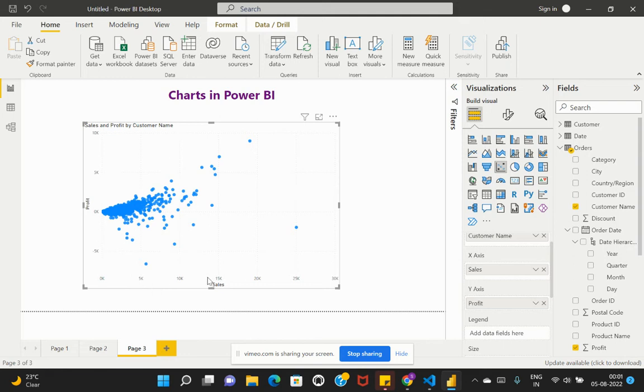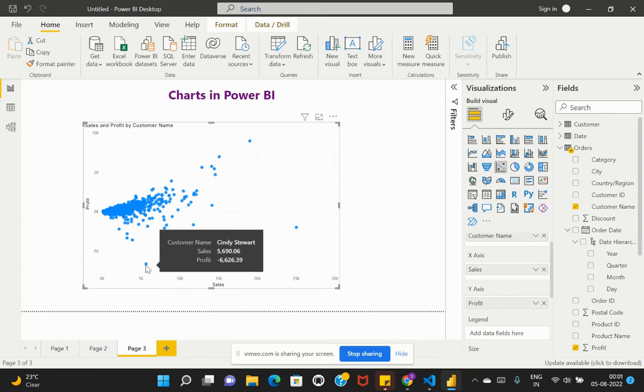And you see that the sales and the profit values are distributed as such, but there had been certain customers who did observe losses, though their sales value had comparatively increased, right?